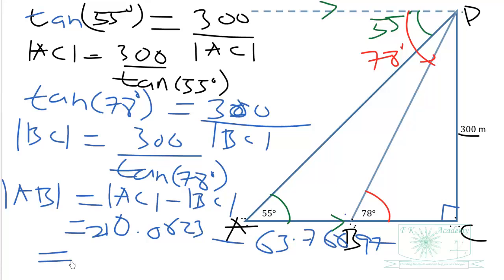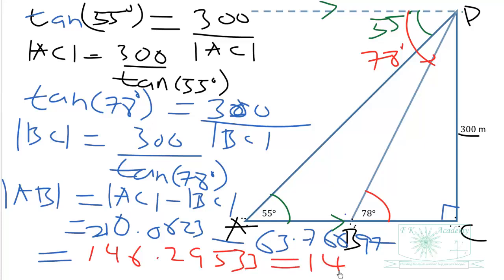So when you do the subtraction, you obtain 146.29533 meters, and we have to correct it to 2 decimal places, and that will be equal to 146.30 meters. So that's the distance between the two beds.